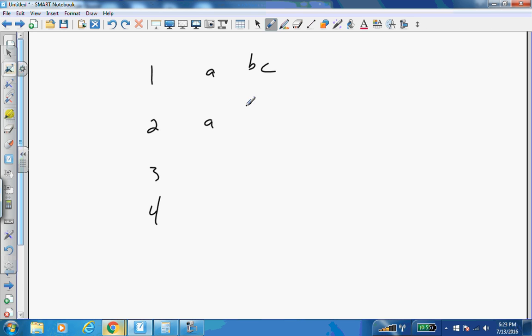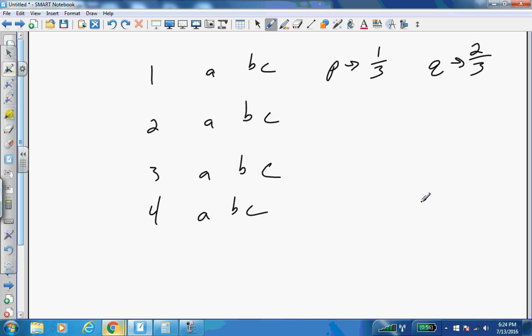Each of them has A, B, and C, and you're randomly guessing. So, assuming there's only one right answer for each question, for each question you have a 1 out of 3 chance of getting the question right. So for each question, probability of getting it right is 1 out of 3. Probability of getting it wrong is 2 out of 3.